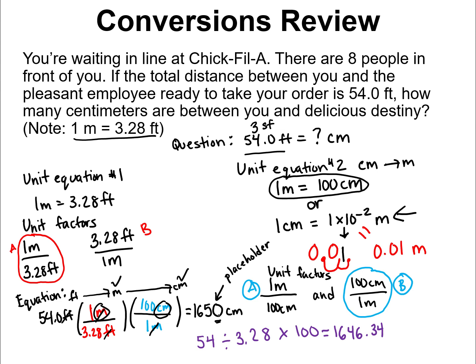So you put the 0, you don't include a decimal point at the end. The other way that you could represent that would be 1.65 times 10 to the third centimeters. So simply use scientific notation, and then you don't even have to worry about placeholder zeros. Either answer would be fine.